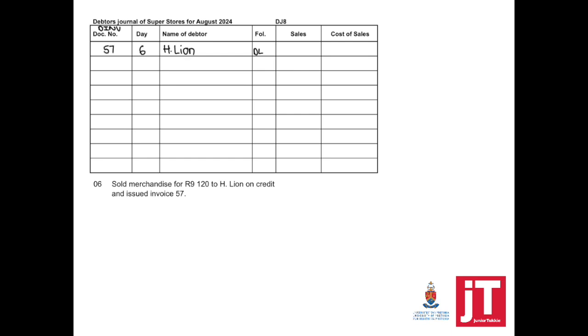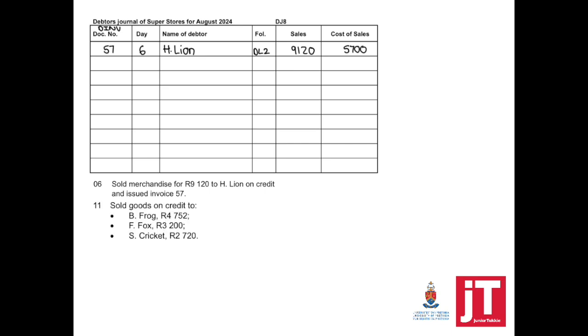That will be number 57 that was issued to H. Lion on day 6. The selling price, 9,120. To calculate the cost, take the selling price times 100 divided by 160.